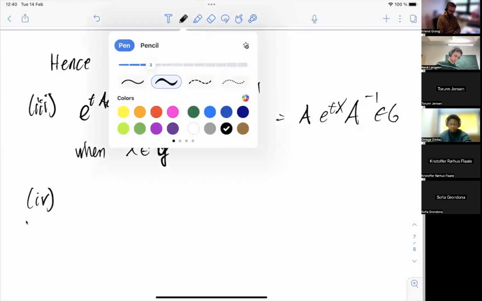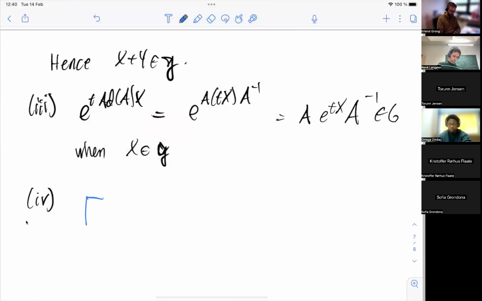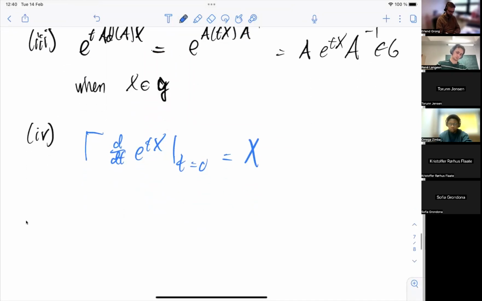And then the final touch. What we need for the final part is that the exponential map at 0 has derivative x. So we need the following results from before, that the derivative at 0 is x, and that we have a product rule.